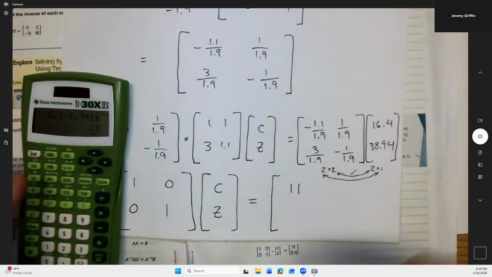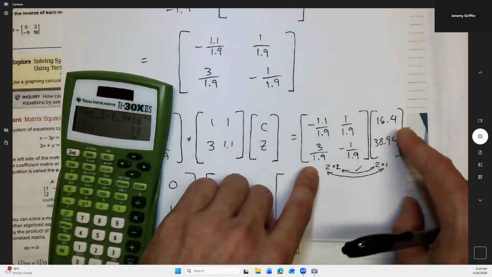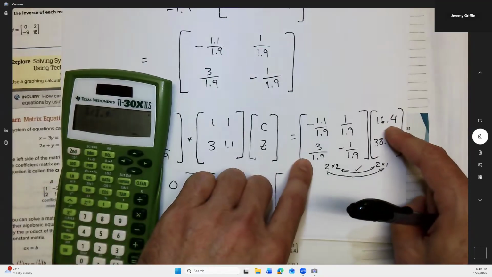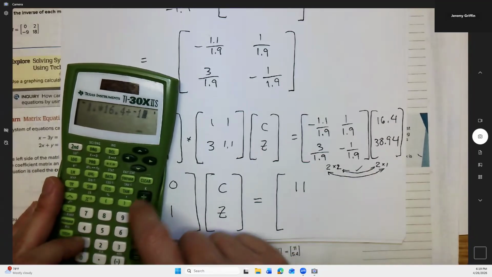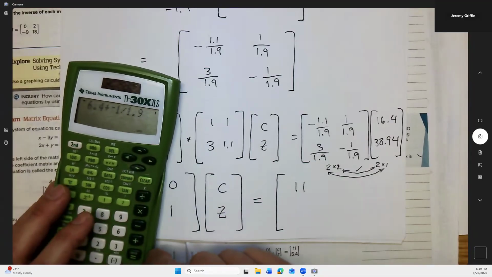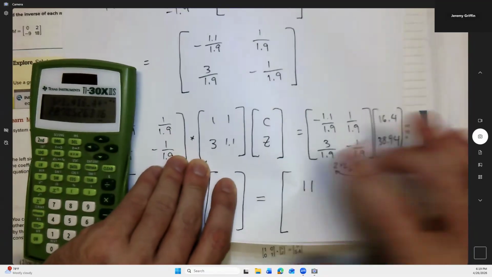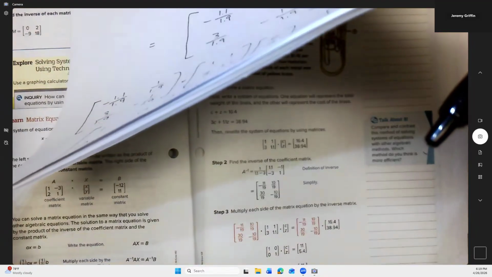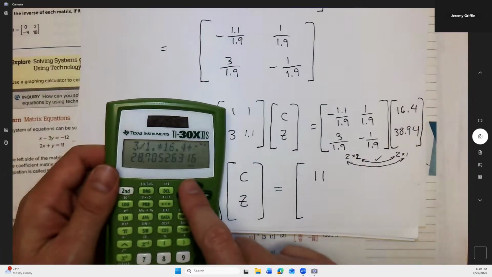Wow. So maybe 11 pounds of copper I have to buy. And then how about this next element? 3/9 times 16.4 plus negative 1/9 times 38.94. Let me make sure it's what they got here. Dang, good typing.